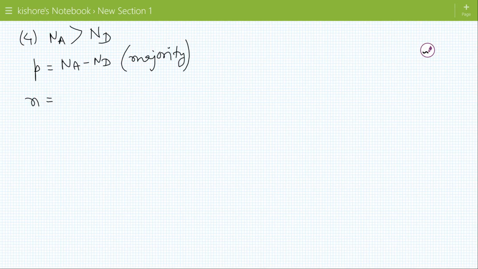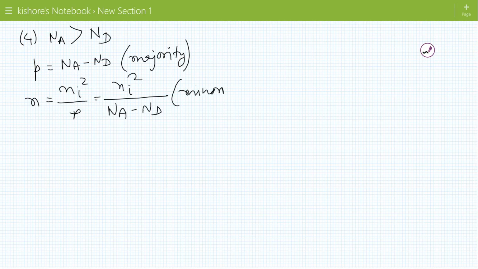Concentration of free electrons is ni square by p, that is ni square by Na minus Nd, and electrons are in minority. So semiconductor is again P type.